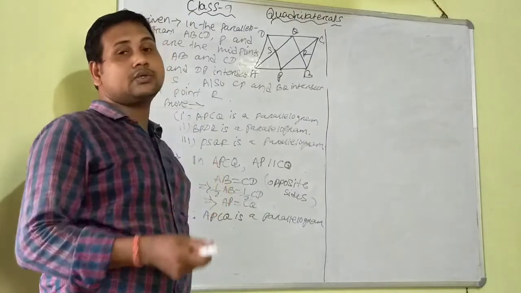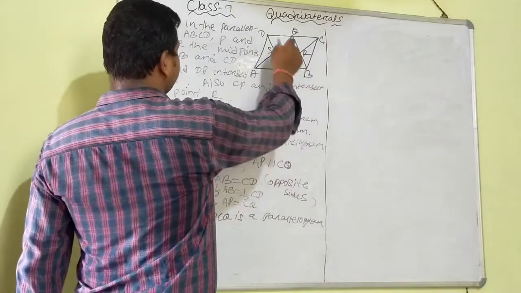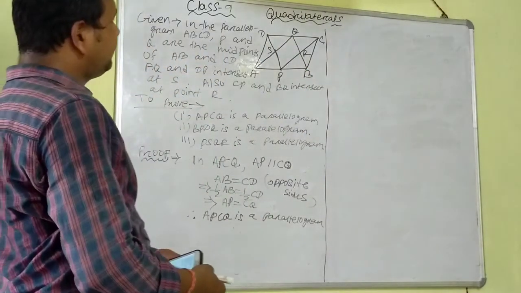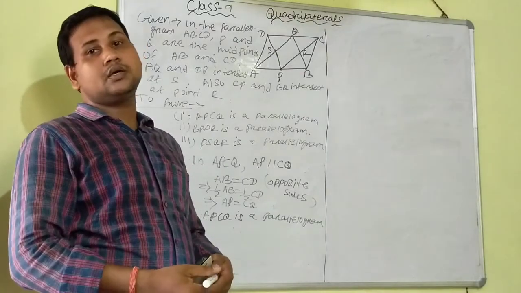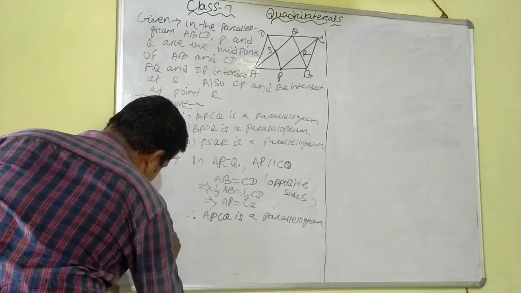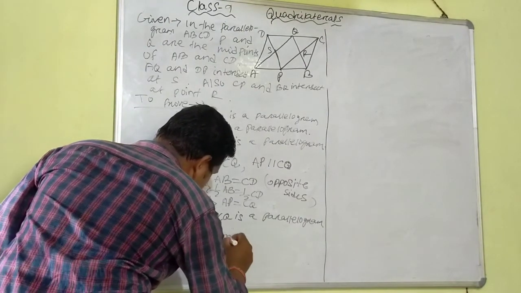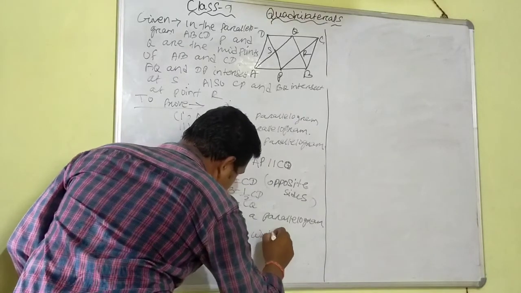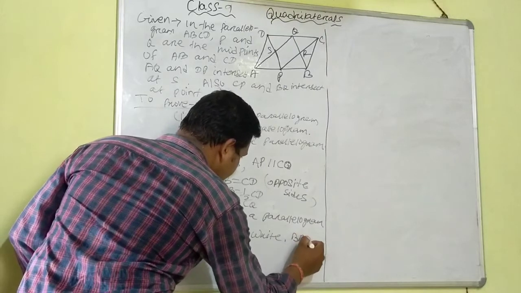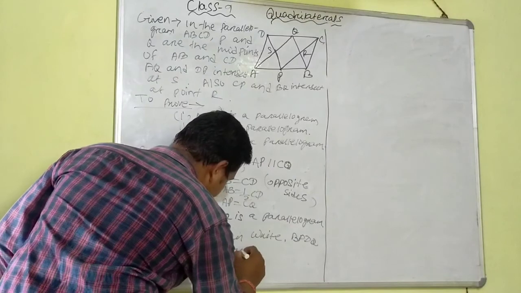So using theorem 8.8, as a pair of opposite sides are equal and parallel to each other, we can say BPDQ is a parallelogram. So here I will write, similarly we can write BPDQ is a parallelogram.